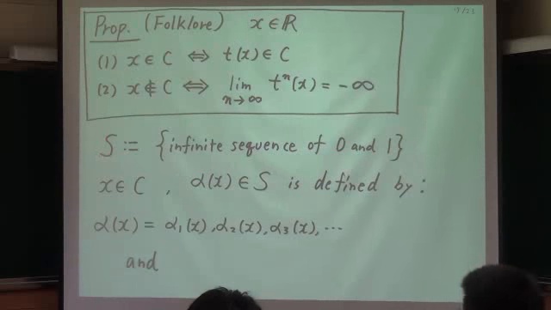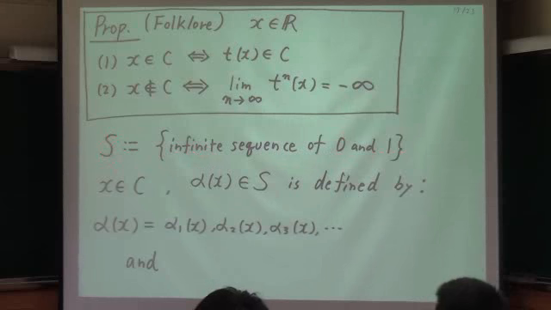So let S be the set where each element of S is an infinite sequence of 0 or 1. And for each element x of the Cantor middle subset, let alpha x, an element of S, be defined as follows.